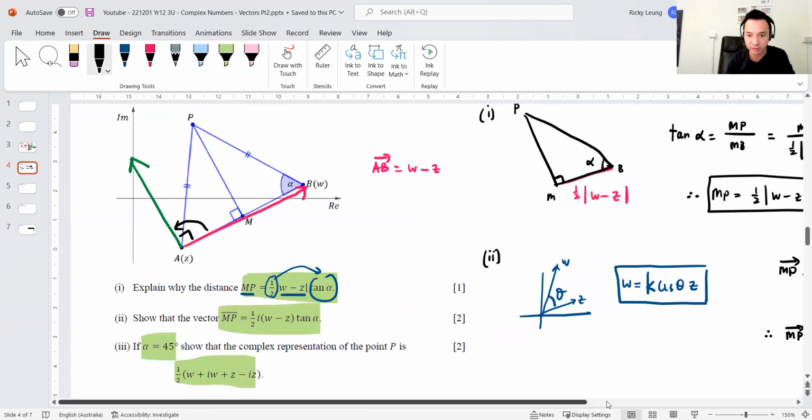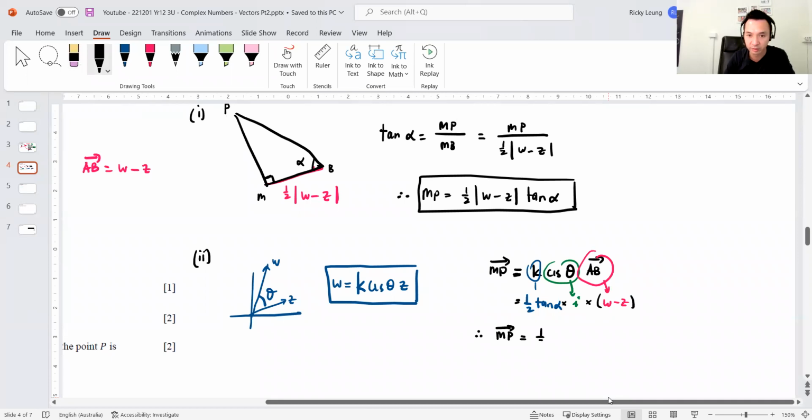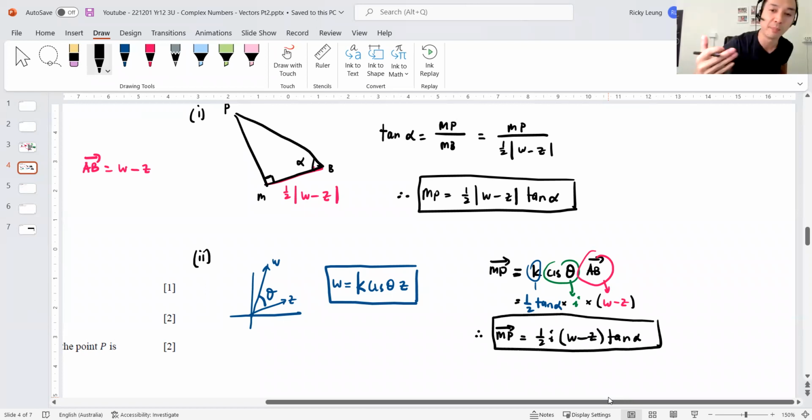Half i, yeah, perfect. So a half i vector tan alpha, done. So it's an i rotation and then multiplied by the blue part, which is the scalar multiple. It changes the length of the vector.